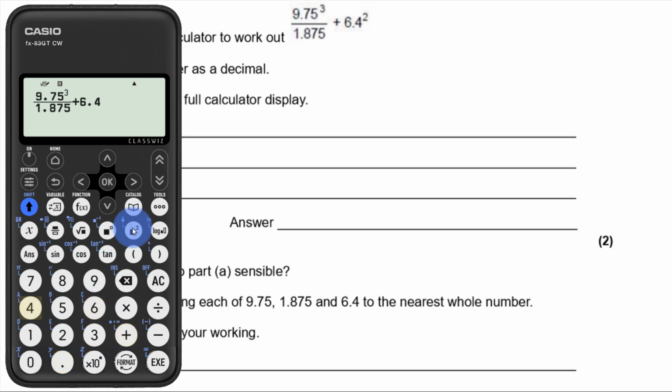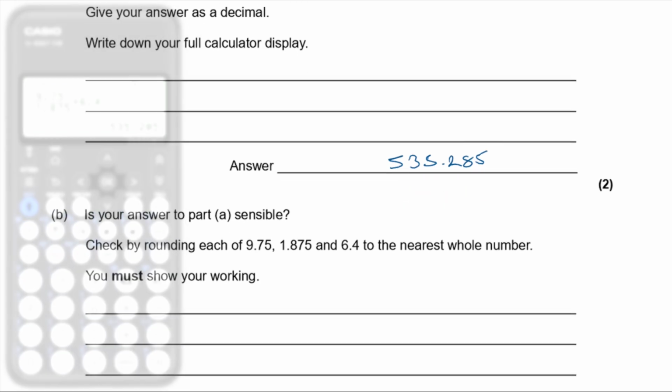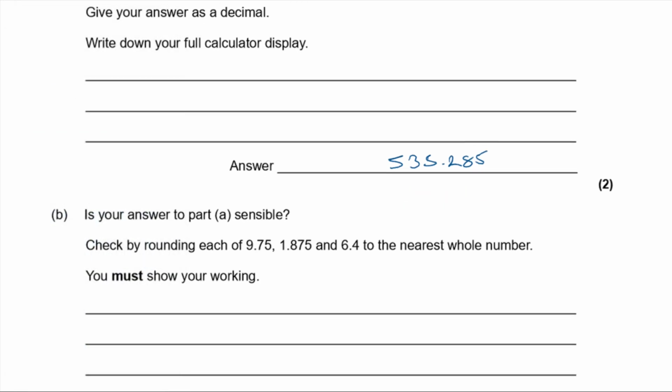So pressing equals, I get 535.285. Okay, so doing the same thing, going to round each one of these to the nearest whole number. So 9.75 is going to be 10, 1.875 is going to be 2, and 6.4 is going to be 6.